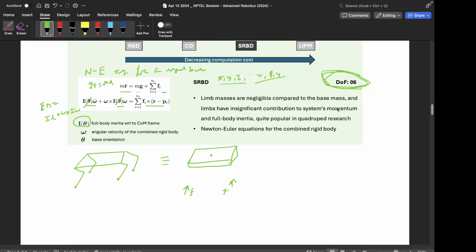We can still have rolling, pitching, yaw motions of the base, and we can design those motions while not worrying about the complexity introduced by the legs. So this is one of the most widely used dynamical models in quadruped robots.